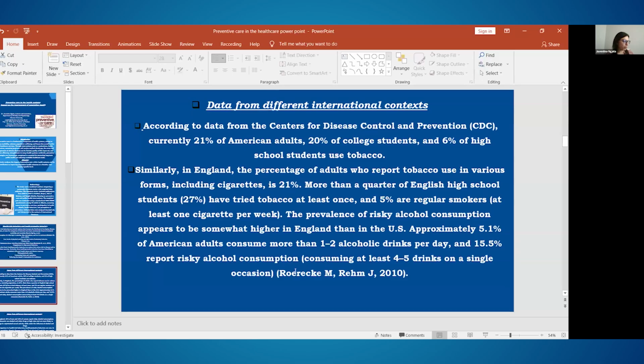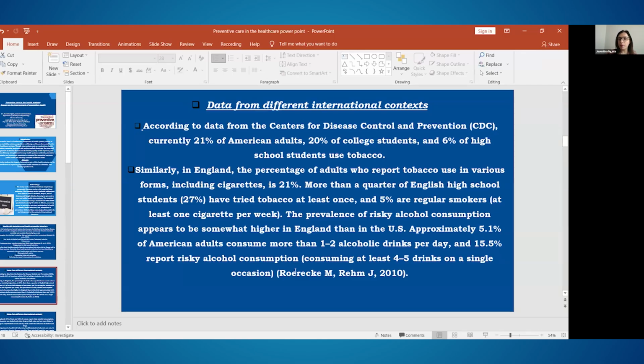I will continue with the information that other studies in the international literature have found, and exactly according to the data from the Centers for Disease Control and Prevention, currently 21% of American adults, 20% of college students, and 6% of high school students use tobacco.